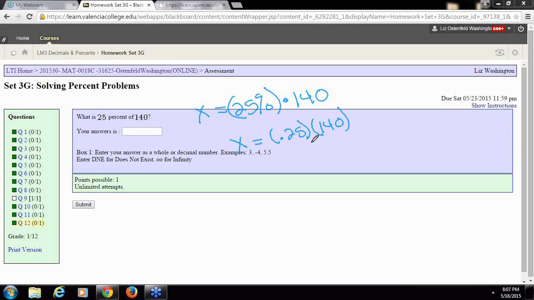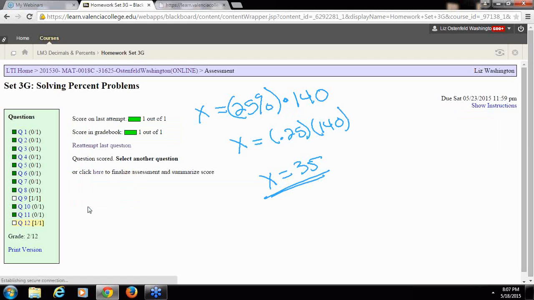So this is just multiplication. I'm just going to multiply these numbers together to get my final answer. So 0.25 times 140 is actually going to be 35. So I am going to type that in. Make sure it likes me. And there we go. Any questions about that one?